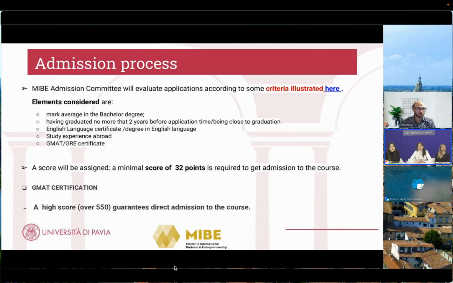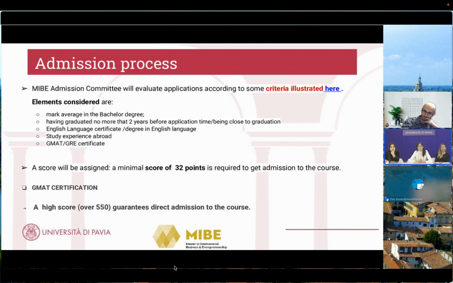Then having an internationally recognized English language certification gives you a bonus. Having had some study experience abroad, for example, in the case of European students, an Erasmus experience, or having studied abroad or in a university which is not the one where you live. And then a GMAT or GRE certificate.